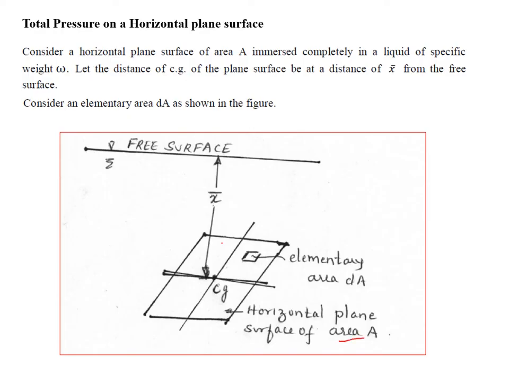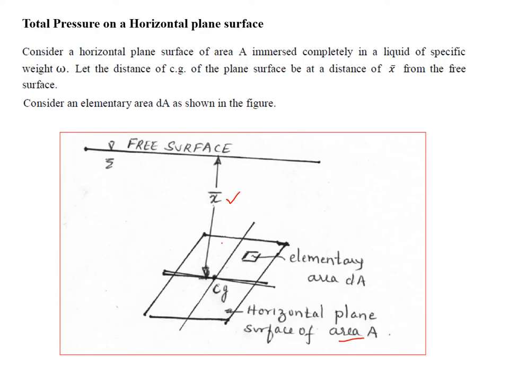Now here you can consider an elementary area dA. Since it is horizontal, any elementary area that you take on the surface will be the same distance, that is x bar, from the free surface. So how to find the total pressure force? First you have to find out the pressure intensity on this elementary area.